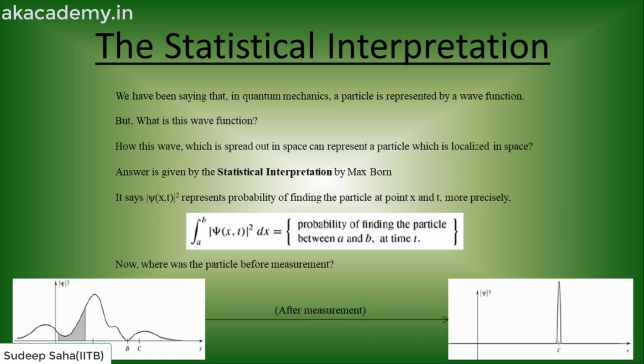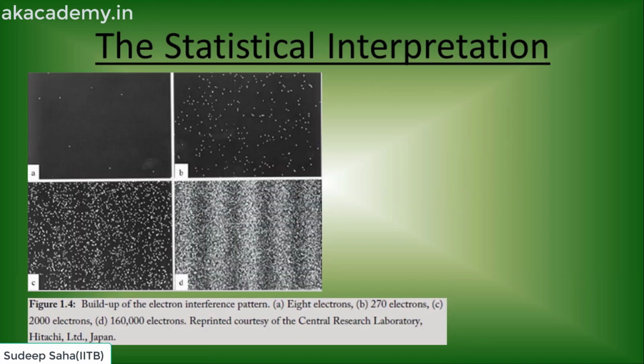This might sound really bizarre, but this is what quantum mechanics says, and you can understand this by a very similar experiment which I told you before. This is the double slit experiment with electrons. I'm not going to explain this experiment again because I have done this before.